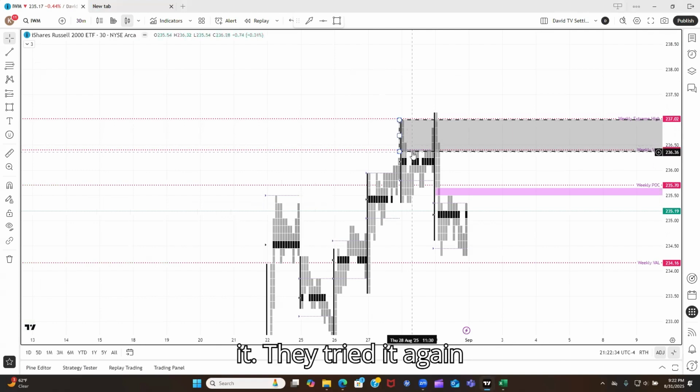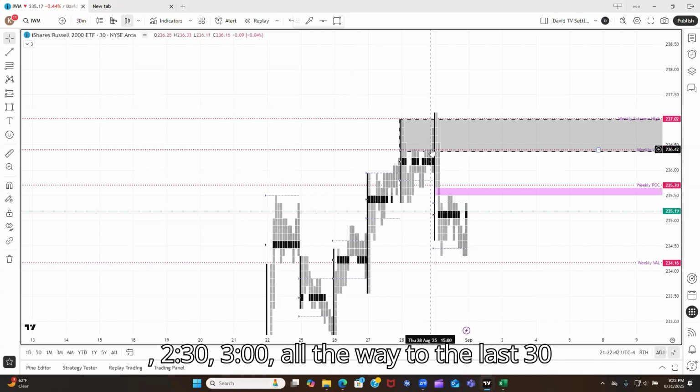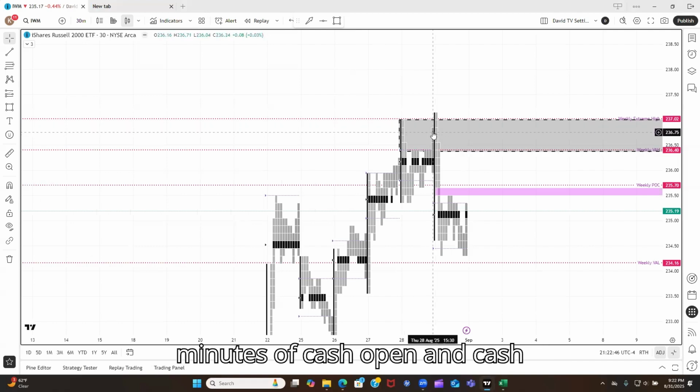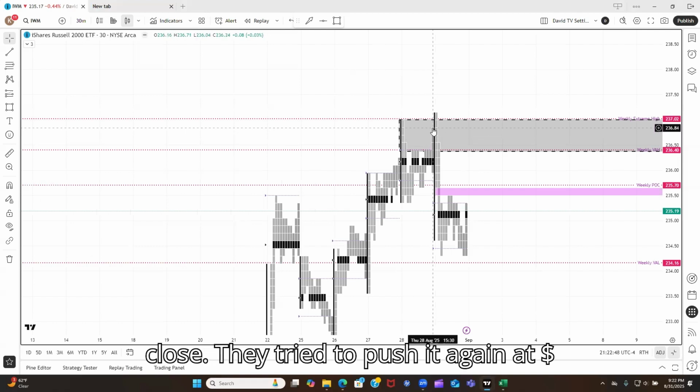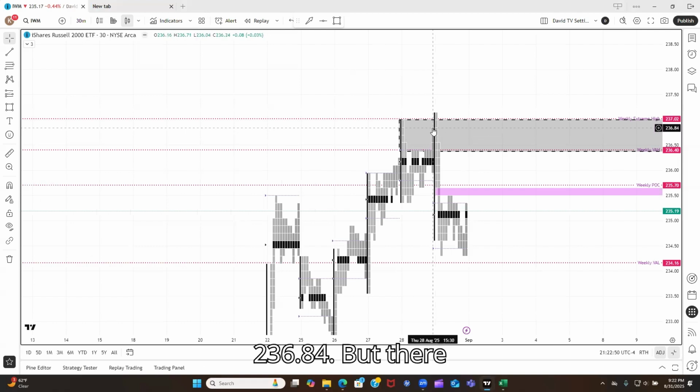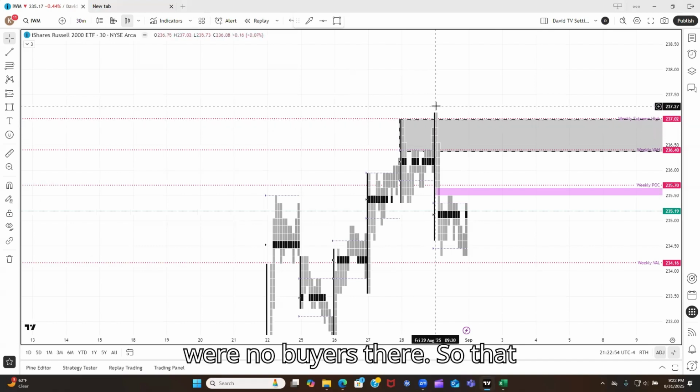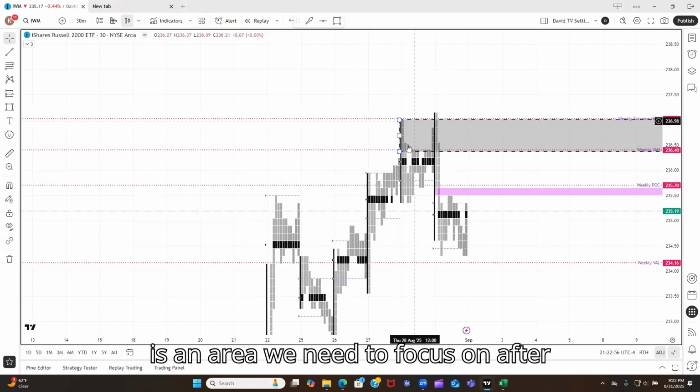They tried it again 11:30, 12 o'clock, 12:30, 2 o'clock, 2:30, 3 o'clock, all the way to the last 30 minutes of cash open. At cash close, they tried to push it again at 236.84, but there were no buyers there. So that is an area we need to focus on.